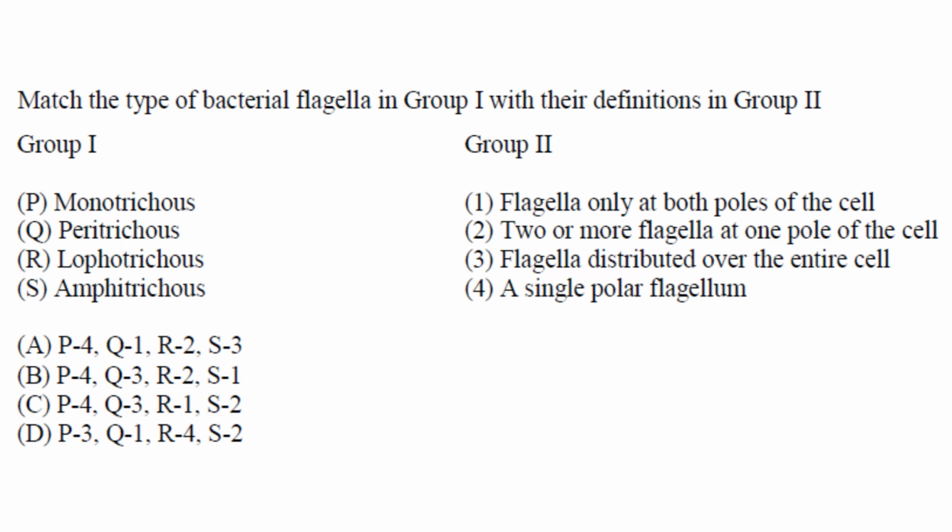Then next one. Match the type of bacterial flagella in group 1 with their definitions in group 2. Monotrichous is only a single one. So P4, a single polar flagellum, that is monotrichous. Peritrichous is all over the body of the bacteria, or it is the flagella distributed over the entire cell. Q3.